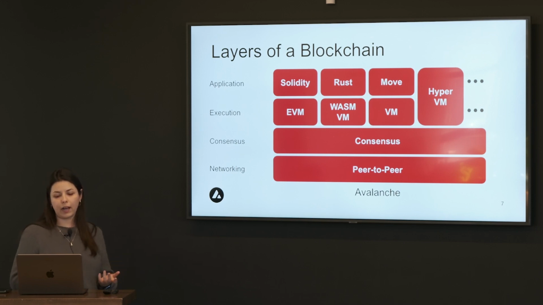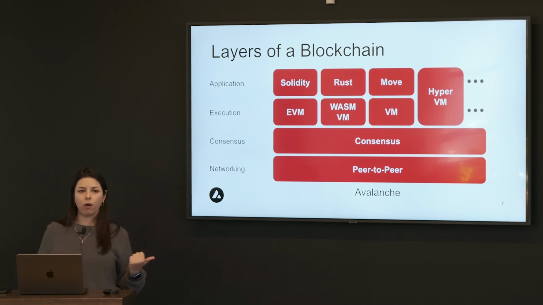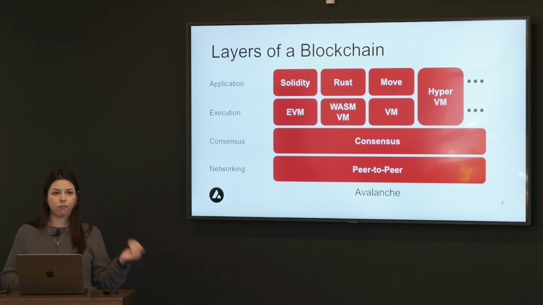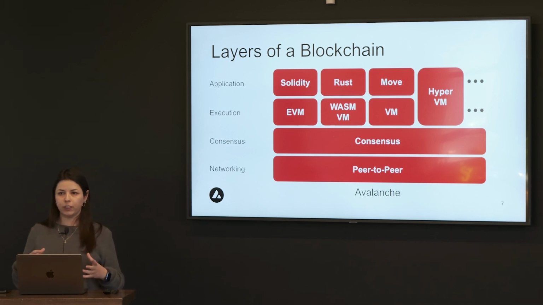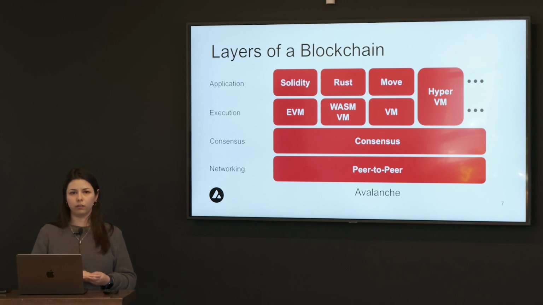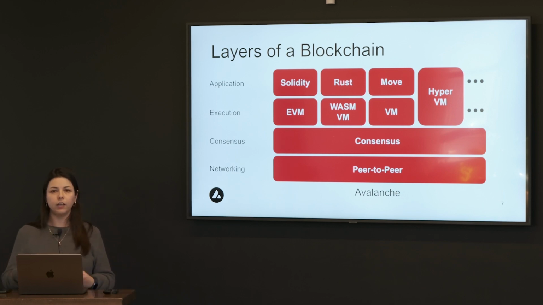But we can also support different virtual machines, such as a WASM one, where you can program in Rust in another chain, or any other chain that you can think of. Even more powerful, if you want to customize your virtual machine, or the logic on how you optimize the resources of the computers you're using, you can build a HyperVM.